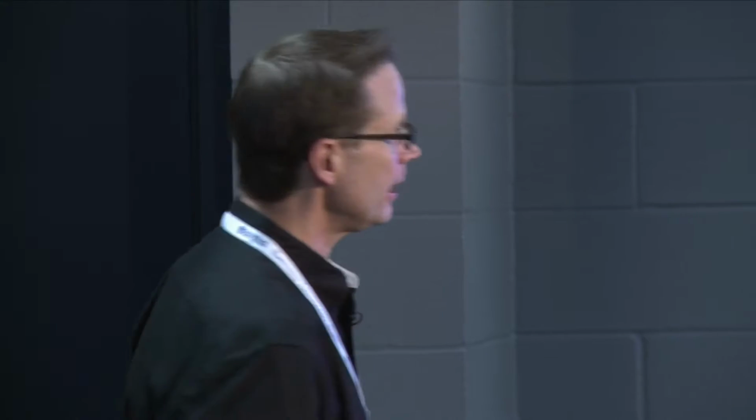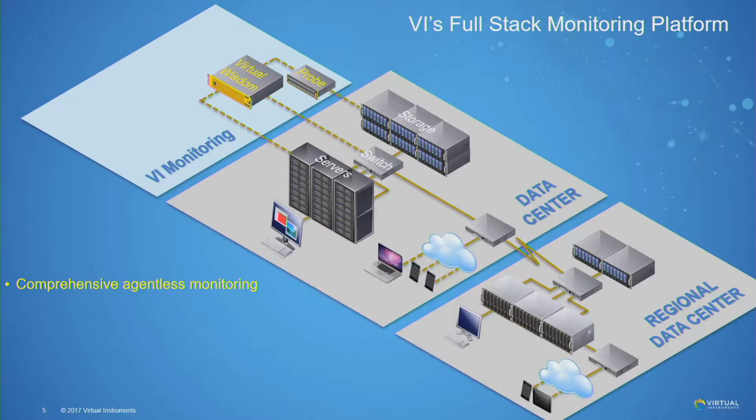So how do we do that today? We have a Virtual Wisdom platform appliance. That's our database, and it also has the ability to gather data. It has what we call software probes. Because remember, I don't install anything onto your stack. If I'm installing software in here, what am I going to end up doing to it? Slowing it down.